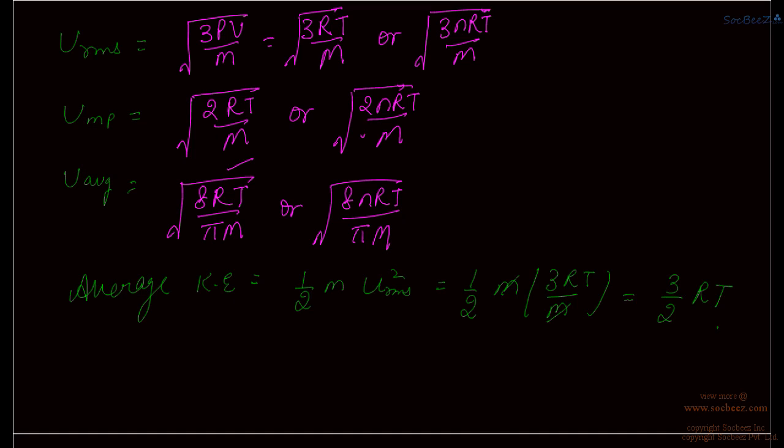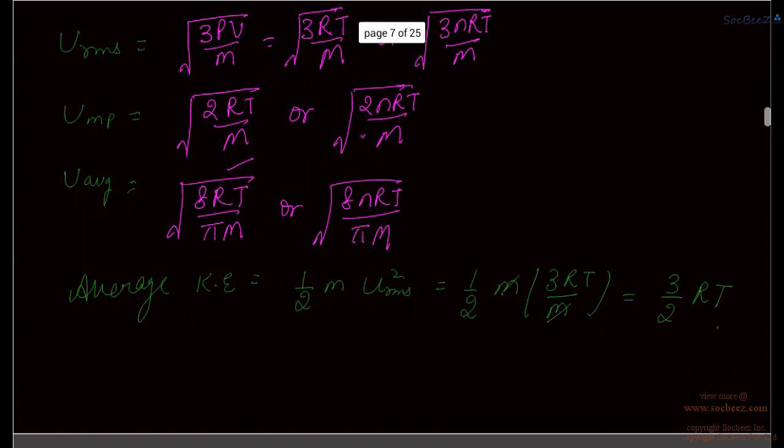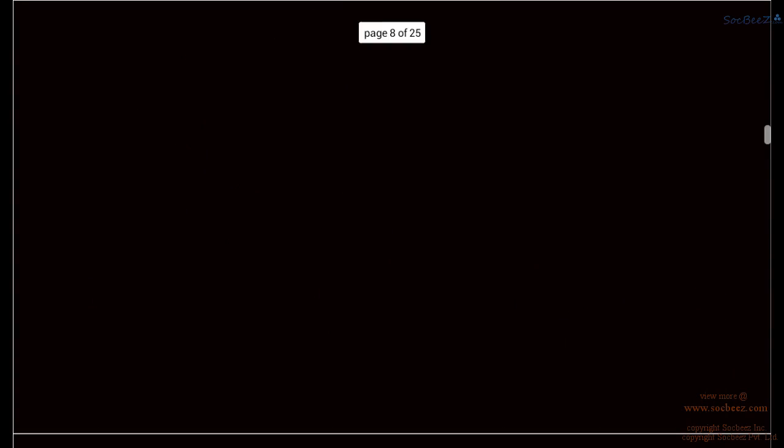Now there is one equation that came out for real gases, as we know that ideal gases do not exist in reality. Therefore, van der Waals came out with an expression for real gases, which we call the van der Waals equation of state for real gases.